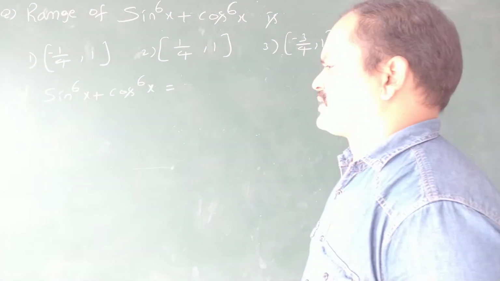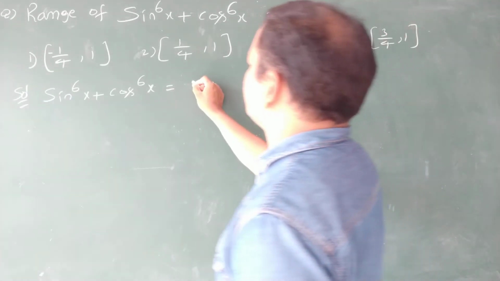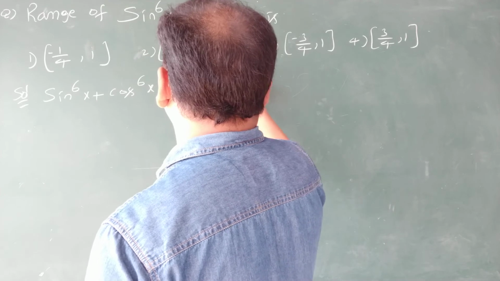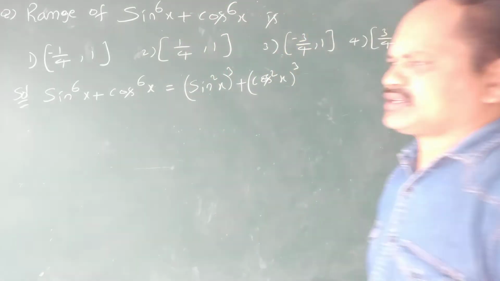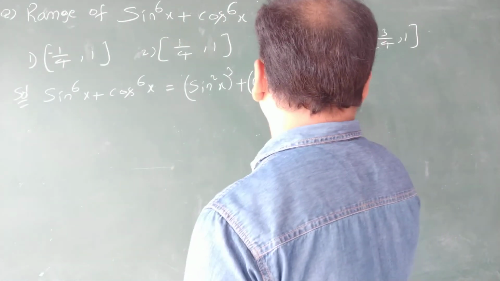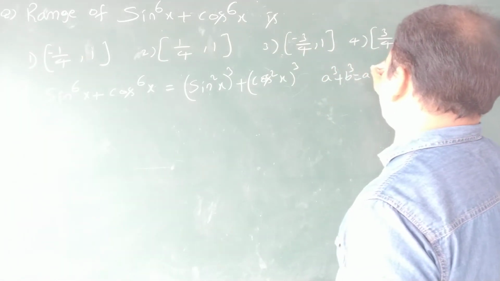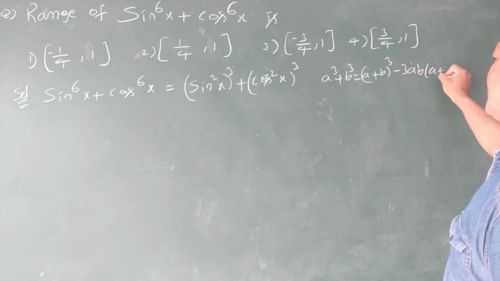So take the expression sine power 6x plus cos power 6x. This can be written as sine square x whole cube plus cos square x whole cube. We know the formula for a cube plus b cube: a cube plus b cube is equal to a plus b whole cube minus 3ab into a plus b.